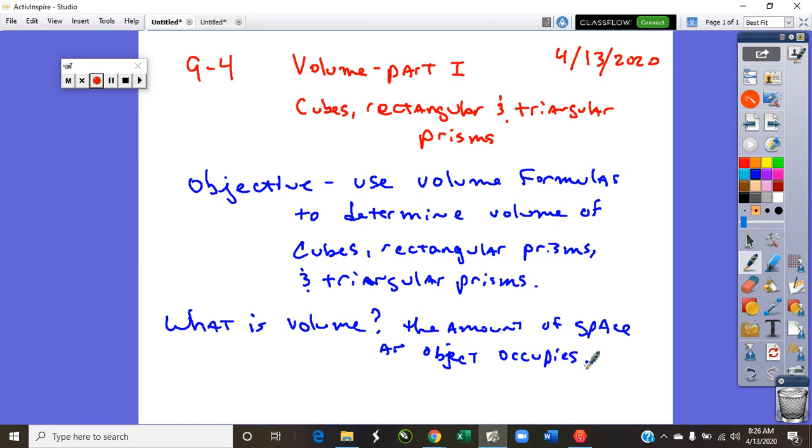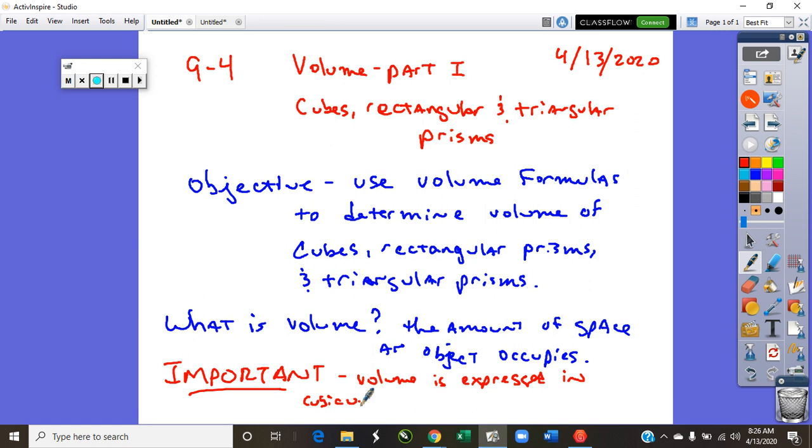Now, very, very important: last week we were doing area, and all units were expressed in square units. With volume, volume is expressed in cubic units.